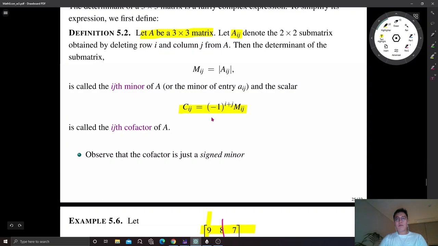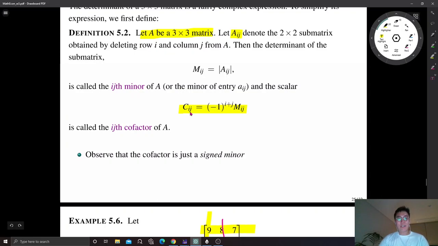And then we additionally multiply by negative 1 to the power i plus j. So from this expression, we can see that the cofactor is just a signed minor, because negative 1 to the power of something is either 1 or negative 1, right?